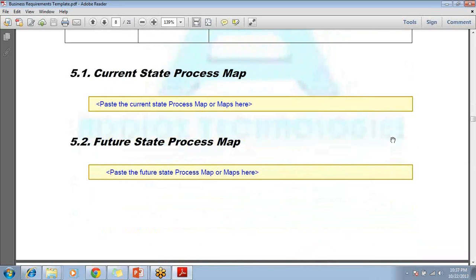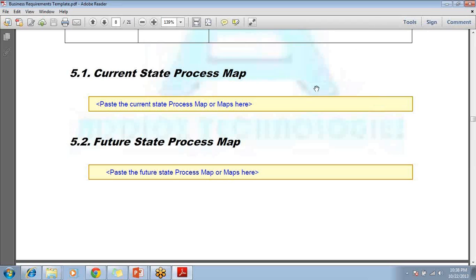Current state process map. This is the current state of your application. Let's say there is a DMV project, where the application needs to have SSN for all the work happening in the DMV office. That is an enhancement.